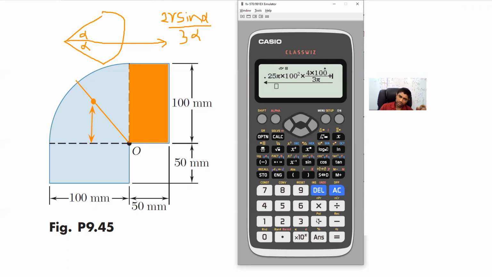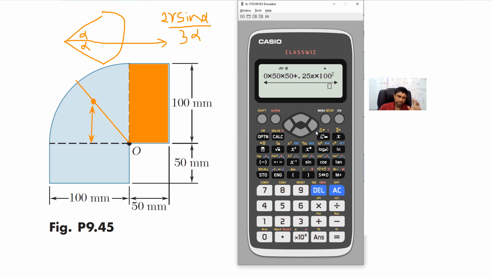Then again 100 into 50, 5000, but its y bar is negative now, minus 25, and divided by the total area.